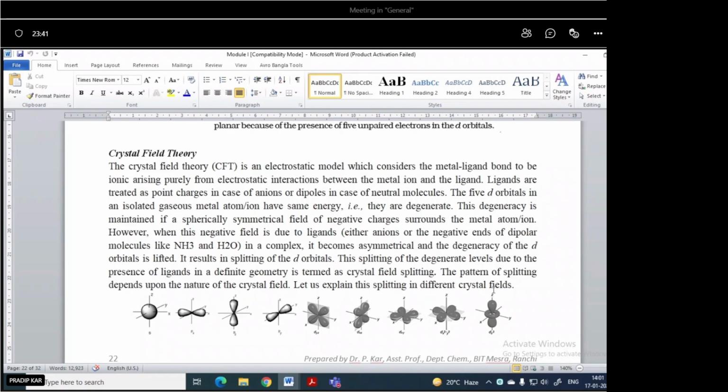That is why only a lobe is possible through the z. There is no other lobe, and that is why we call it dz square. So those are the 5 possible electron clouds in the d suborbitals. s has only 1 suborbital, p has 3, and d has 5. I think you have an idea about that. So whenever we discuss crystal field theory, we must consider those structures.